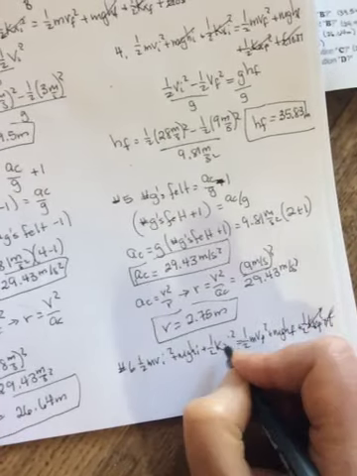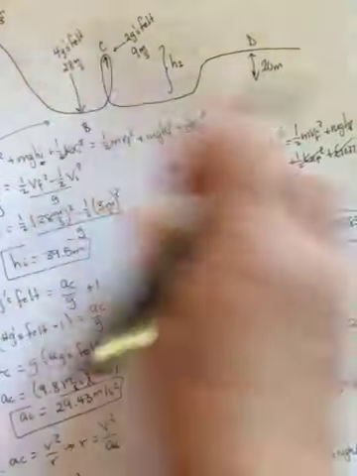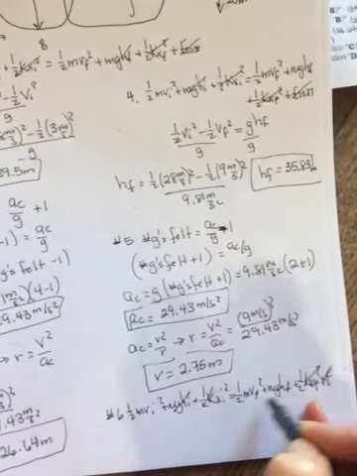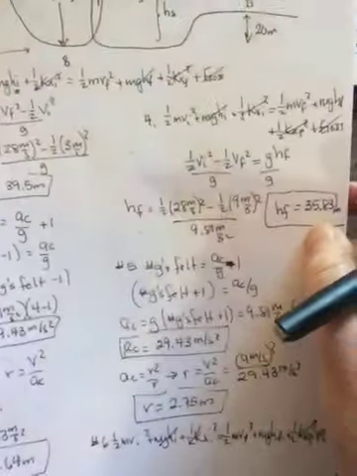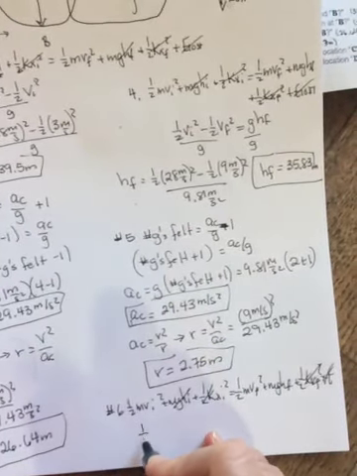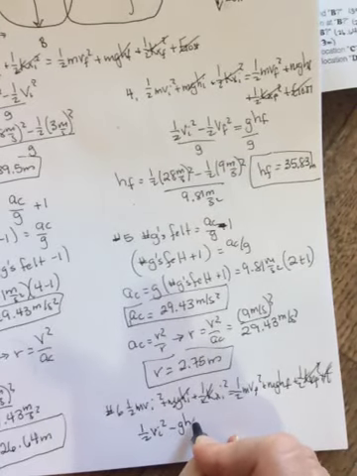No E lost, no k. Again, I'd pick my lowest spot down here as my initial, since they gave me that speed, and there's no height there. And then at D, there's both a height and a speed, and this time we're looking for the speed.